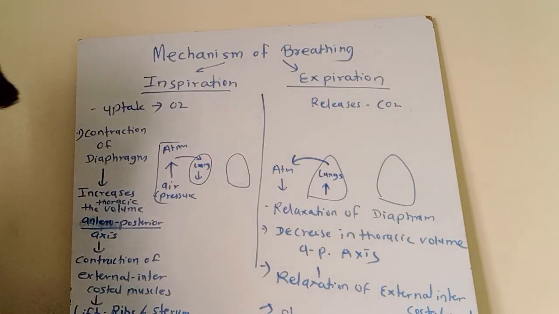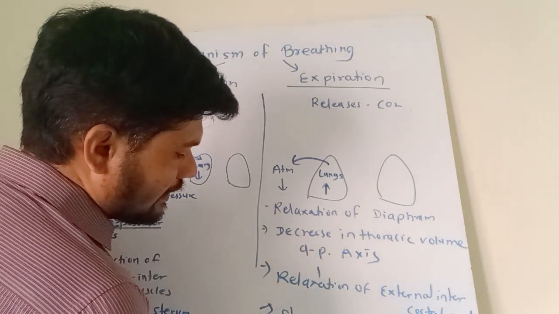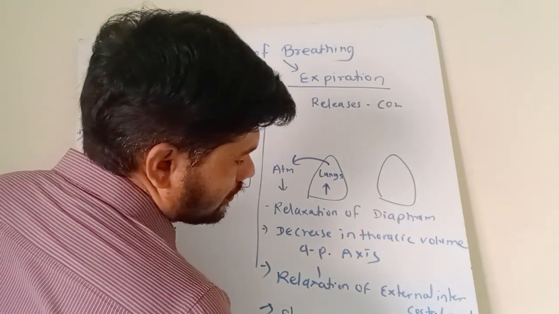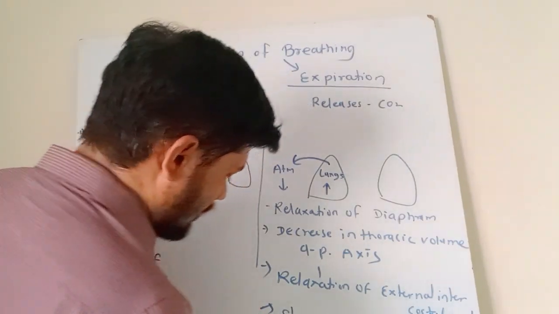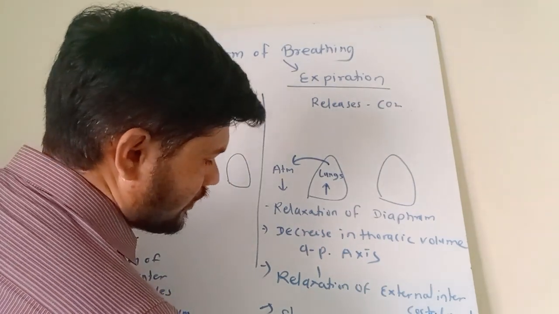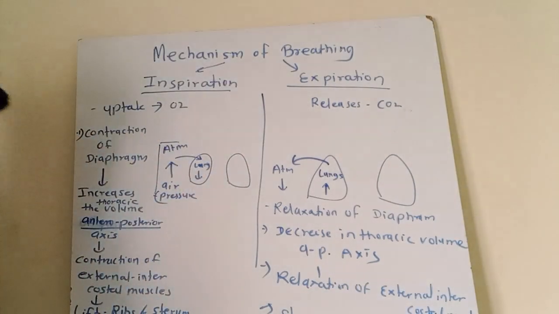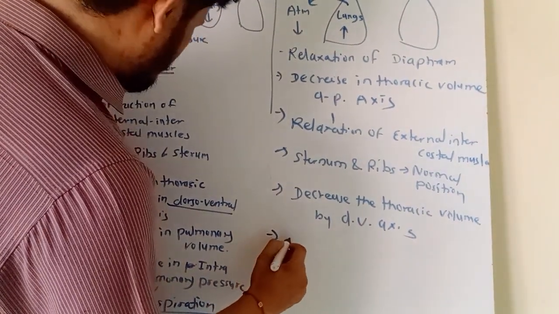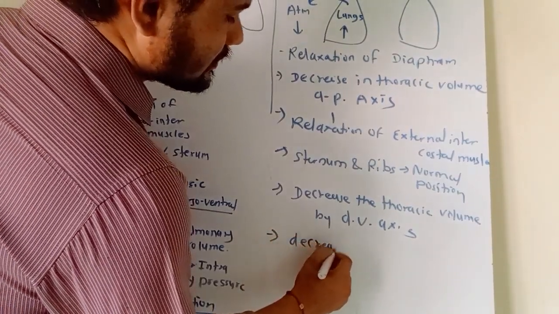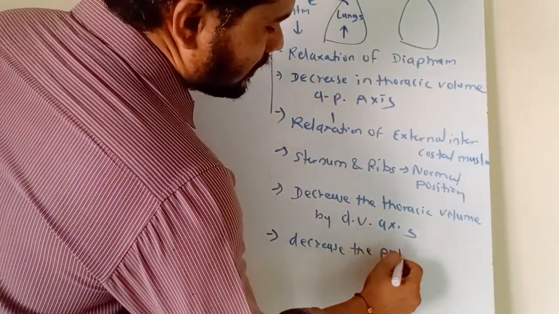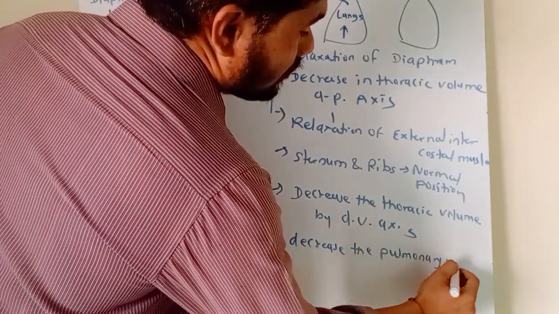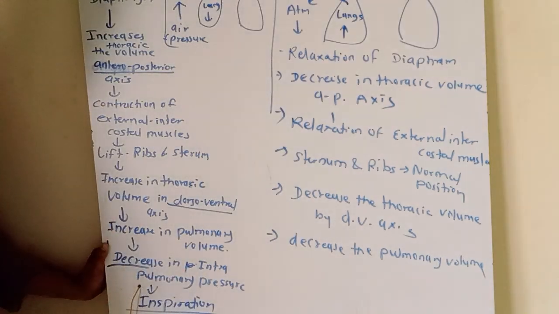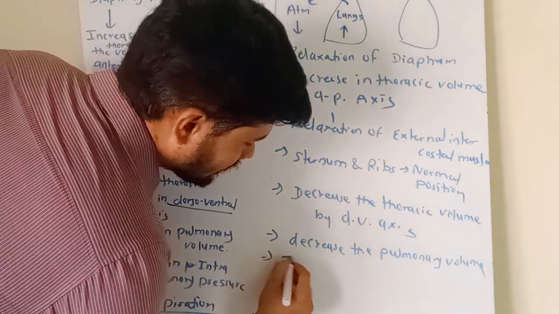This will decrease the thoracic volume by the dorsoventral axis, which will decrease the pulmonary volume. Then this increases the intrapulmonary pressure.